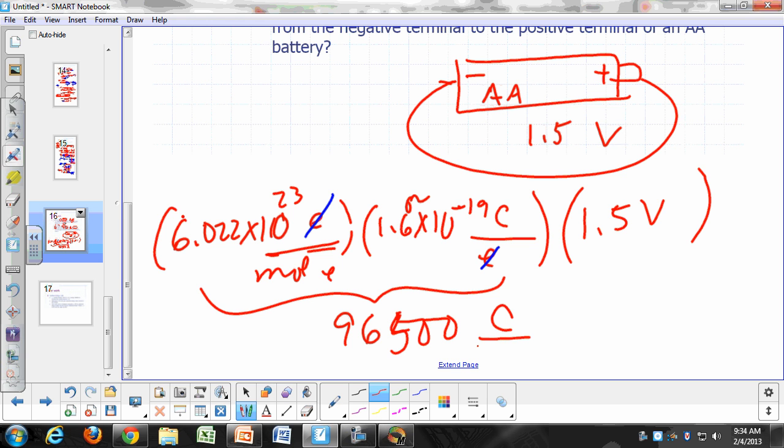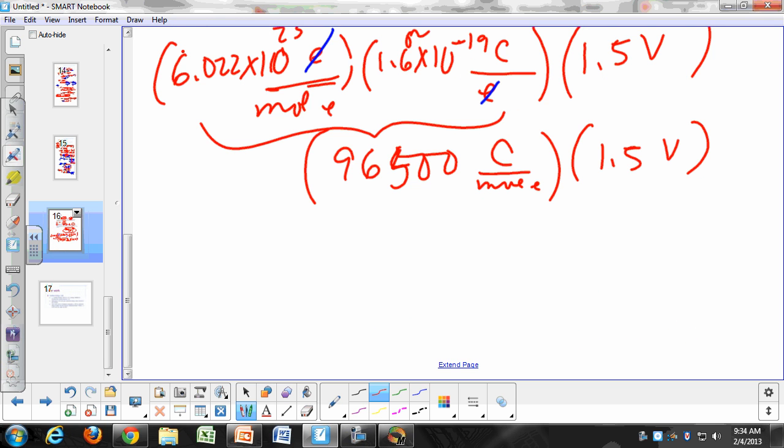That's coulombs per mole of electrons times 1.5 volts. Have you seen this number before, 96,500, in quant or electrochem in freshman chemistry? That's the Faraday constant. That's the charge of 1 mole of electrons, 96,500 coulombs. In the Nernst equation, remember your Nernst equation? That's the charge of 1 mole of electrons.